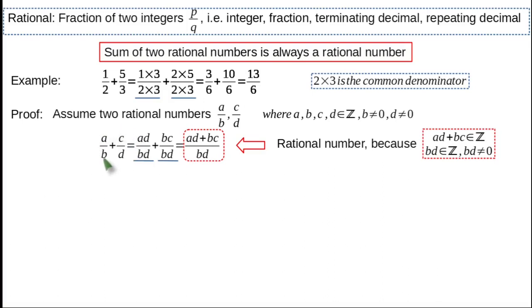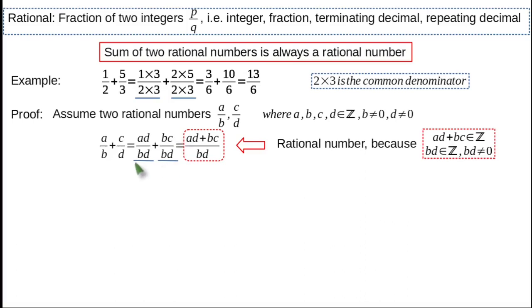Because they have different denominators, I need to find the common denominator, which is b times d. The first fraction, I multiply by d on its numerator and denominator. So the first fraction becomes a times d over b times d. The second fraction, I need to multiply by b on its numerator and denominator. So the second fraction, c over d, becomes b times c over b times d.